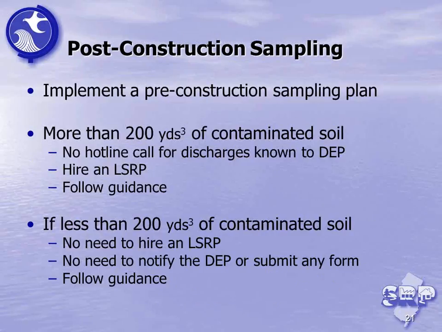Okay, so the linear construction entity decides that they have identified some potentially contaminated sites. They need to know more about the properties, so they will undertake their own pre-construction sampling. Again, that gives you an opportunity to evaluate the data and determine whether or not you trigger the 200 cubic yard contaminated soil criteria.